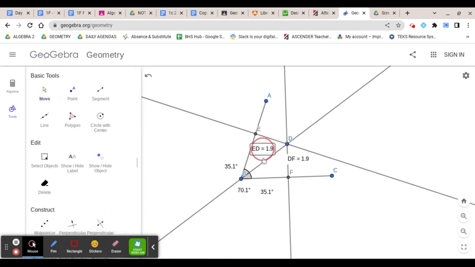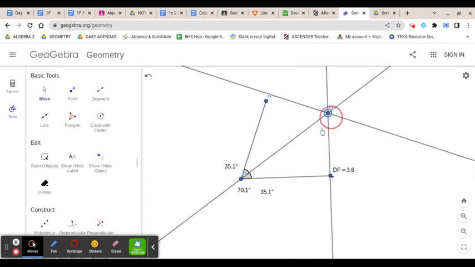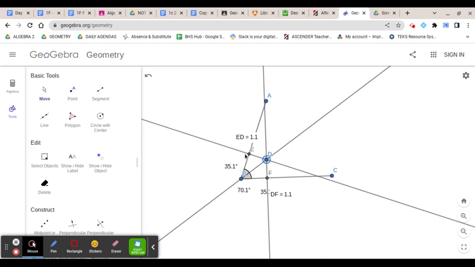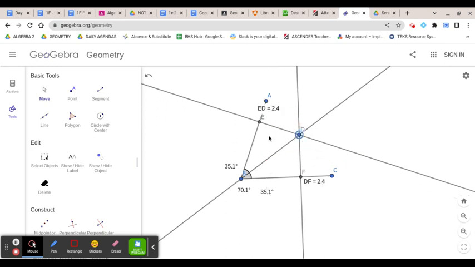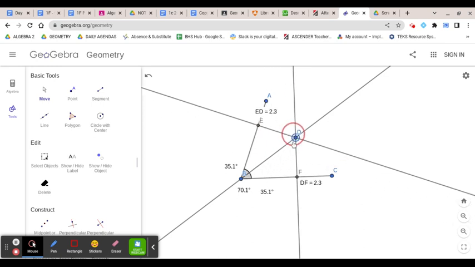So we move this thing here, ED, DF. All right, now if we move point D up and down the angle bisector, we see ED and DF do the same thing. So ED, DF, 2.4, 2.4, 2.3, 2.3.